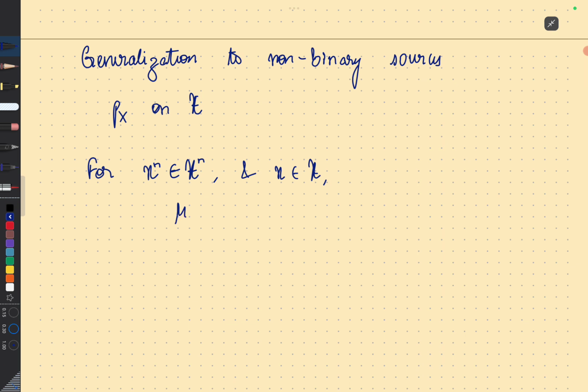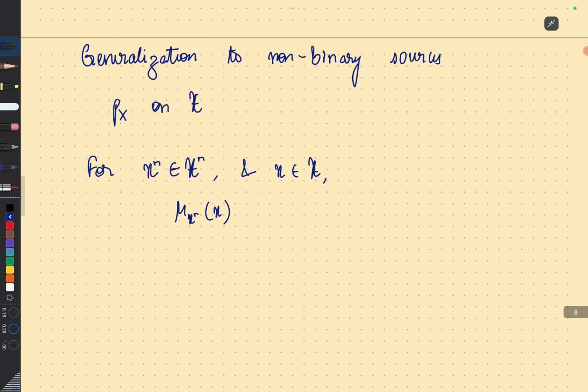We'll denote the frequency of occurrence of the symbol x in the sequence xn by mu xn. So it's the number of times x occurs in the sequence xn, whole divided by n.